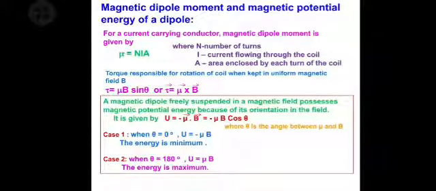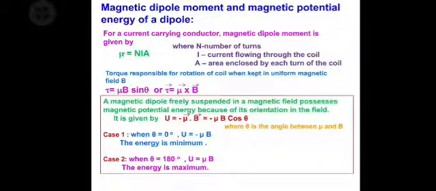Now, magnetic potential energy of a dipole. A magnetic dipole freely suspended in a magnetic field possesses magnetic potential energy because of its orientation in the field. This is important.